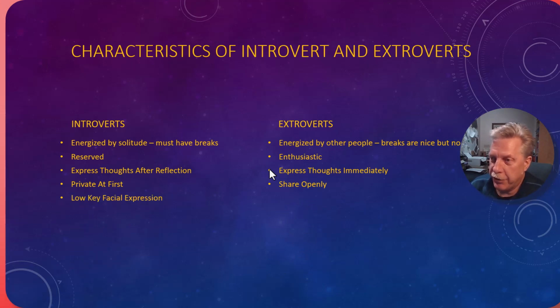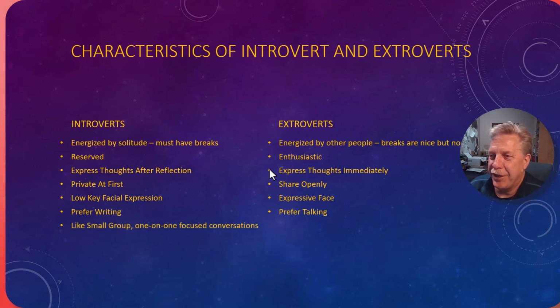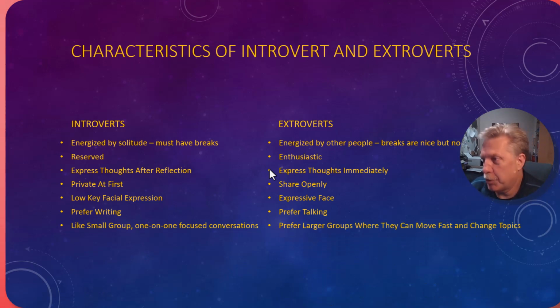An introvert is private at first, and an extrovert shares openly. Introverts have low-key facial expressions, while an extrovert has an expressive face. An introvert prefers writing, an extrovert prefers talking. An introvert likes small groups or one-on-one focused conversations, while an extrovert prefers larger groups where they can move fast and change topics. An introvert is humble.